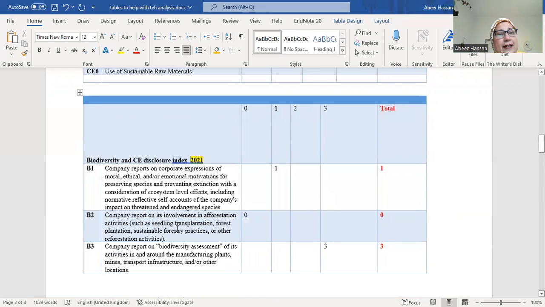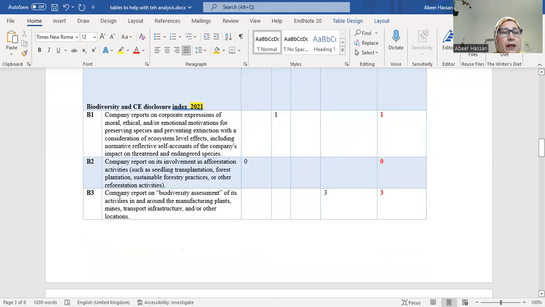The second item, B2, you did not find any information whatsoever. You give them 0. The total is 0. In terms of B3, you found they give very good information, both quantitative and qualitative, and you feel that this is really very good knowledge, so you give them 3 and the total is 3.